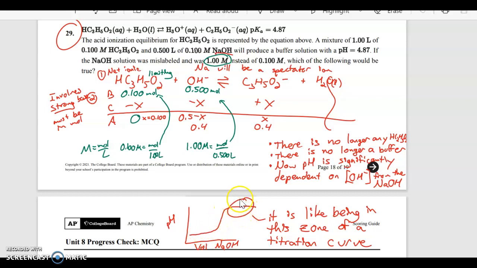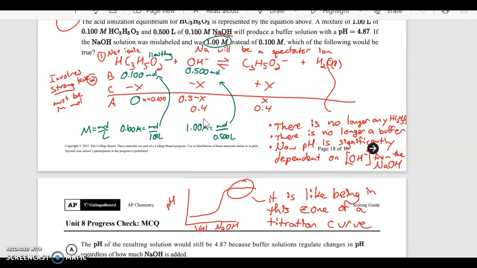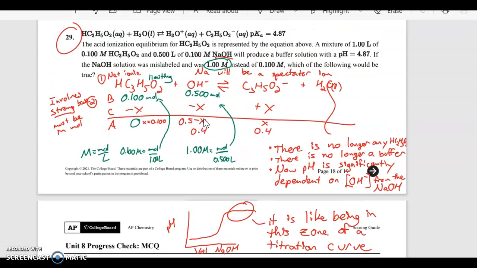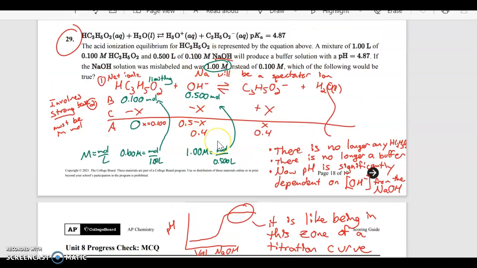And now it's like being in this region where it's all basic because the pH is now ruled by how much OH minus ion is there. And because that came from a strong base, this is predominantly what the concentration of OH minus will be. And so that's a little bit with number 29.